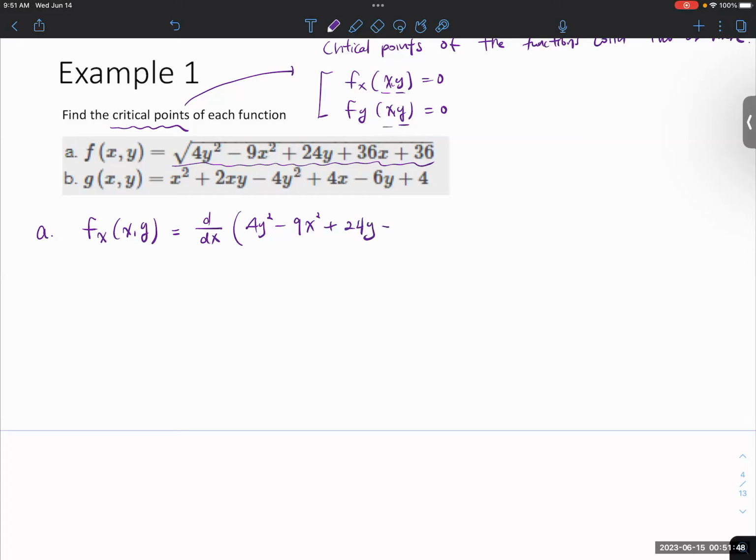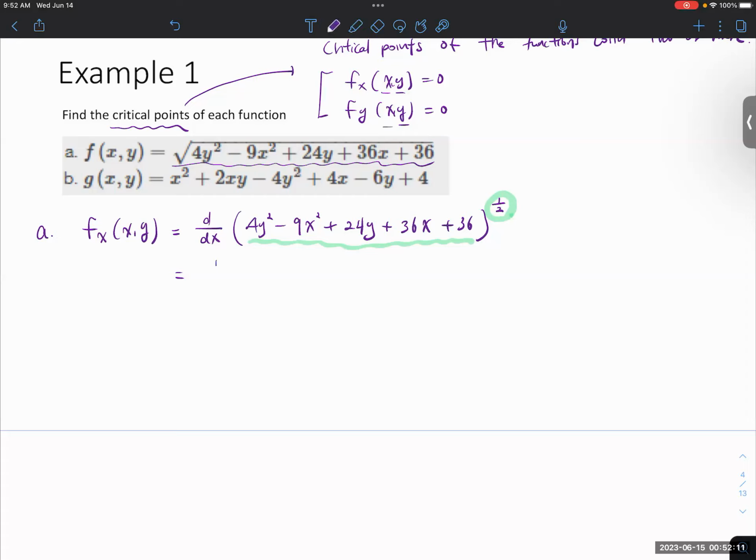Now you are going to consider y as a constant, but here you are going to use the chain rule, because the radical is an outside function, and inside it, a quadratic function has been substituted. So this is a chain rule.